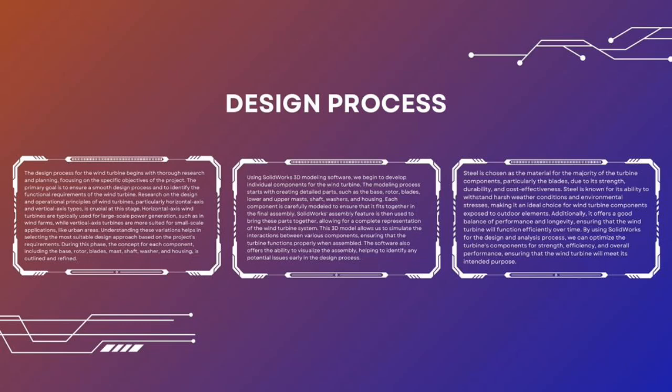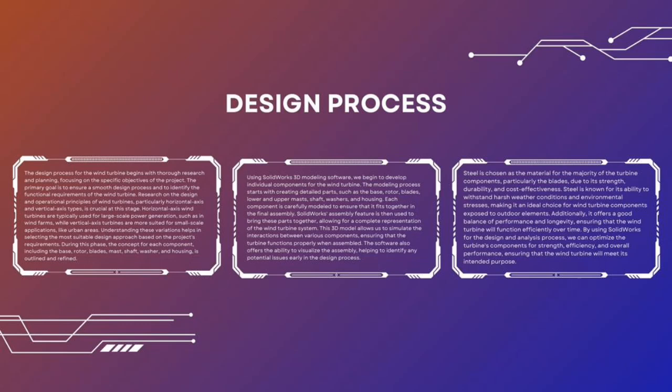Lastly, steel is chosen as the material for the majority of the turbine components, particularly the blade, due to its strength, durability, and cost effectiveness. Steel is known for its ability to withstand harsh weather conditions and environmental stress, making it an ideal choice for wind turbine components exposed to outdoor elements.